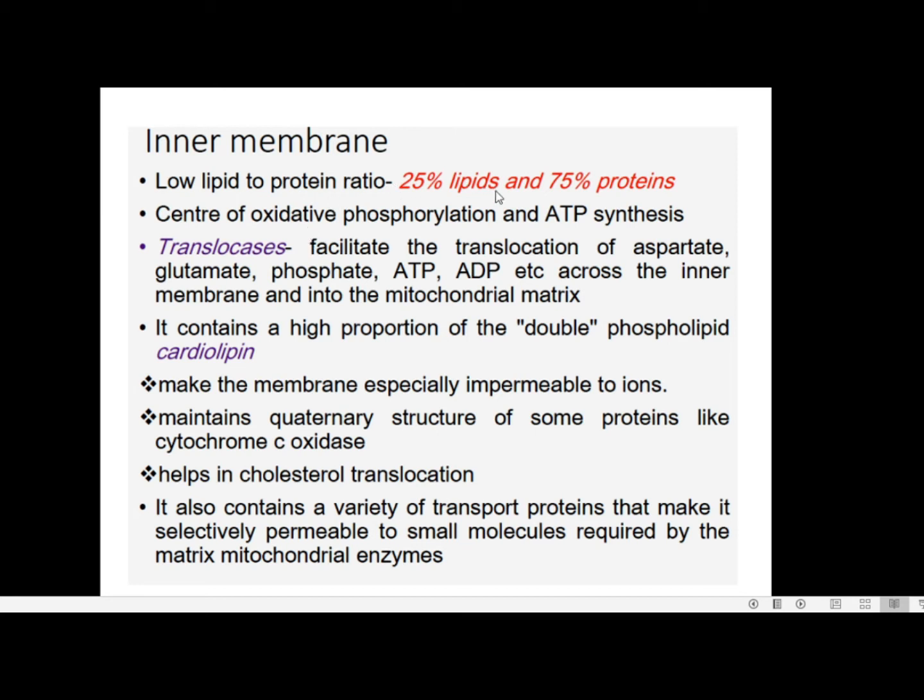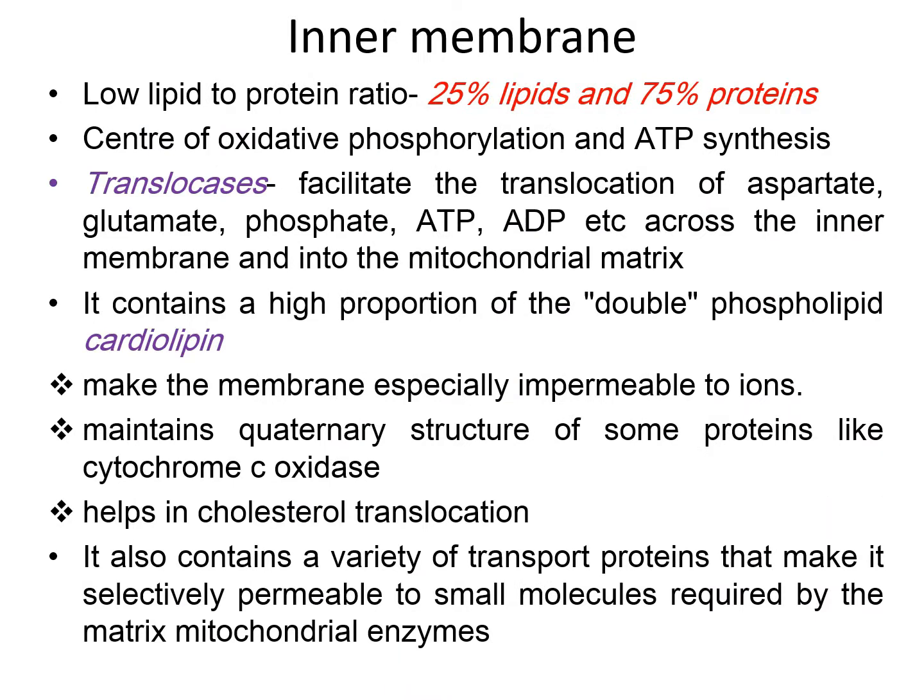So, all these reactions are concentrated on the inner membrane, and these translocases allow the transport of substances like aspartate, glutamate, phosphate, ADP, ATP, etc. All these substances are allowed to pass through the inner membrane, and thereby they can reach the mitochondrial matrix. They are all taking part in the oxidation reduction reactions and other metabolic reactions inside the mitochondria.